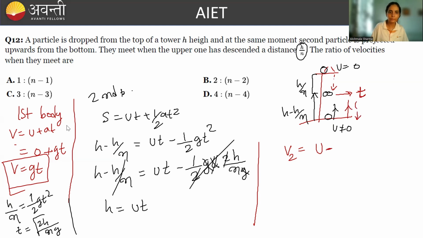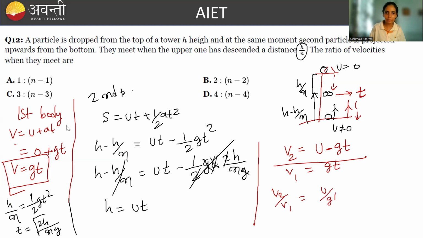So u minus gt, and v1 is gt. If we divide these two, v2 by v1, we will get u by gt minus 1. Done.